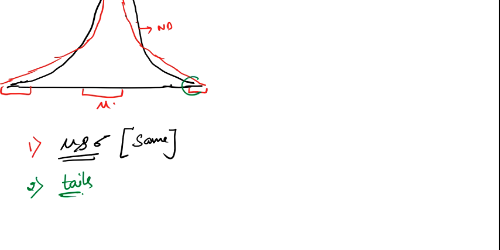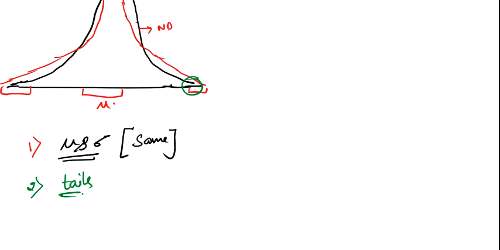Our normal distribution assumes that there is a very low probability for the tail event, but the real data is showing us that there is a huge chance that my returns can go deep inside the tail, and it has a huge probability when compared with the normal distribution. Clear?